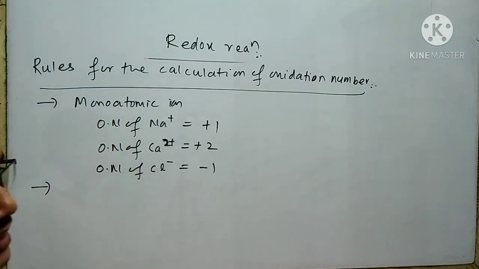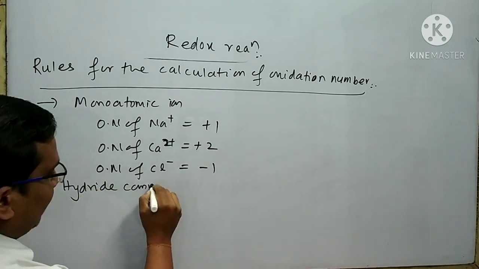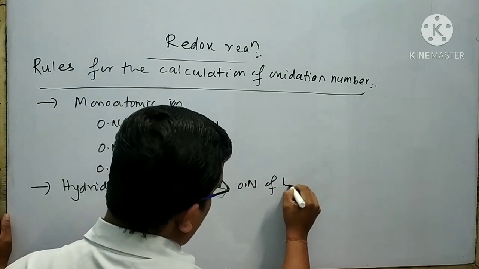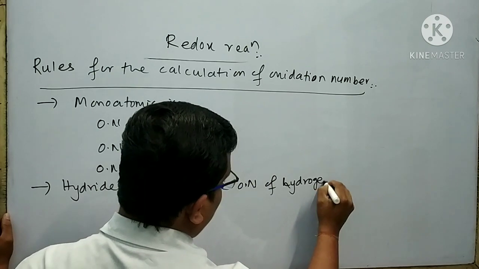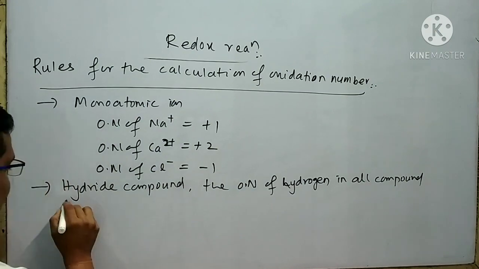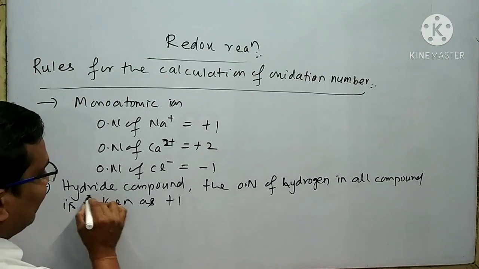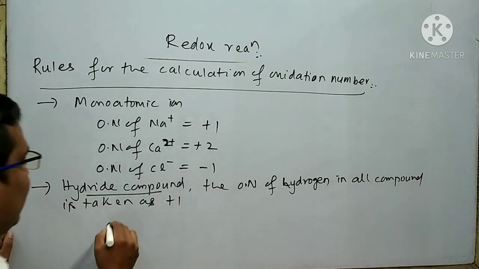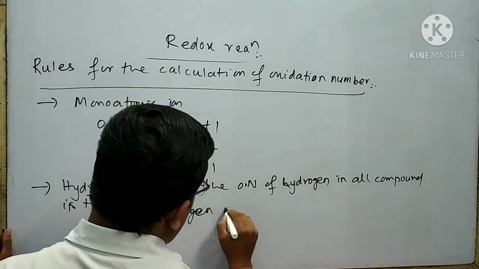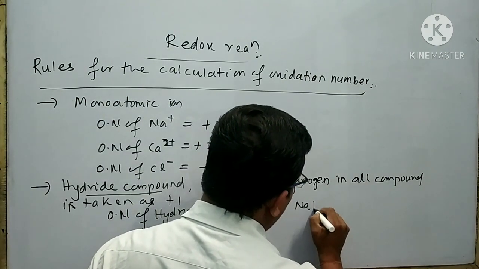Next rule: except in hydride compounds, the oxidation number of hydrogen in all compounds is +1; in hydrides, the oxidation number of hydrogen is -1. Take the example sodium hydride.